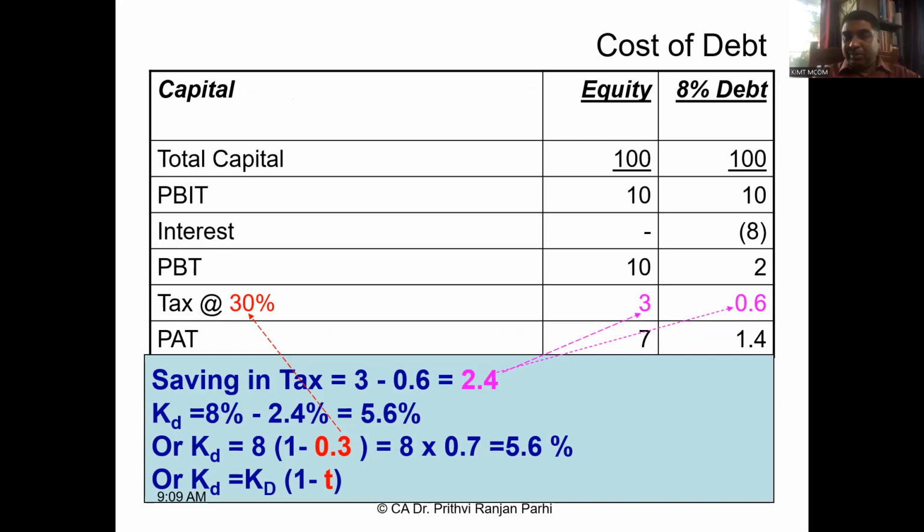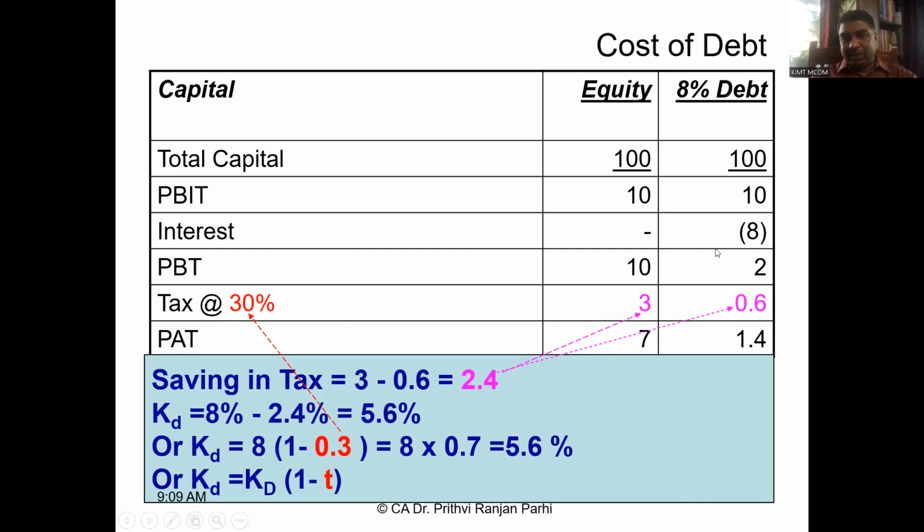With the help of this table, I had explained to you that because someone is taking debt in his capital structure, there will be tax saving. Here we had shown it. Let us say someone is going for equity finance, another person is going for debt finance. In case of equity finance, he has to pay a tax of 3 rupees.